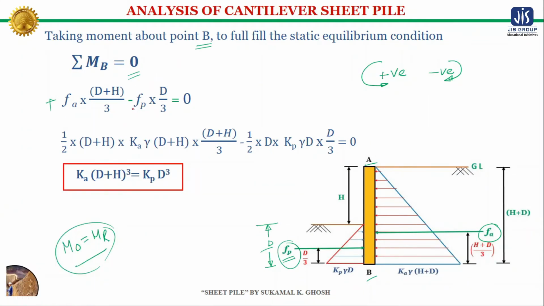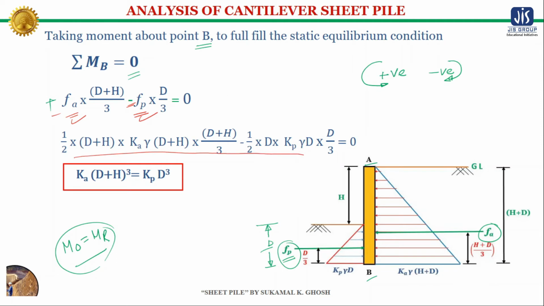Since this Fp is producing a clockwise moment, we have considered it as negative. And since this Fa is producing an anti-clockwise moment, we have considered it as positive.